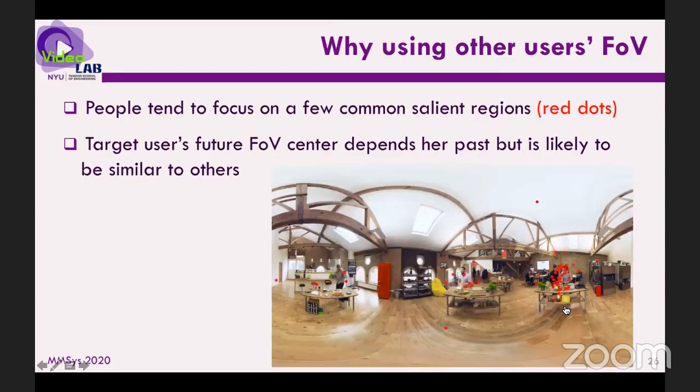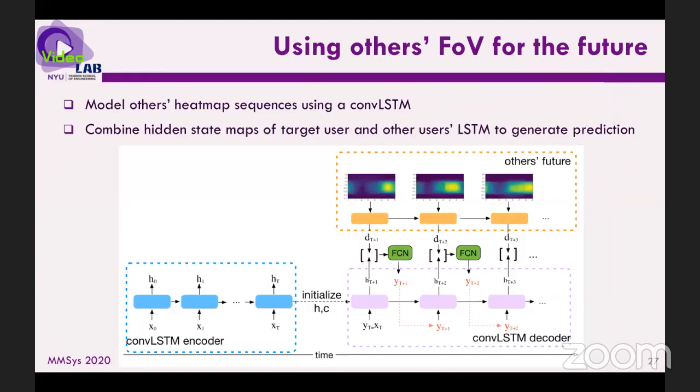This slide shows that people tend to focus on a few common salient regions when they watch a video. Therefore, we could use other users' FOV trajectories to help predict a target user's future FOV. So in our machine learning model, we augment this sequence-to-sequence model with another LSTM model that models how other users' FOV evolve in time.